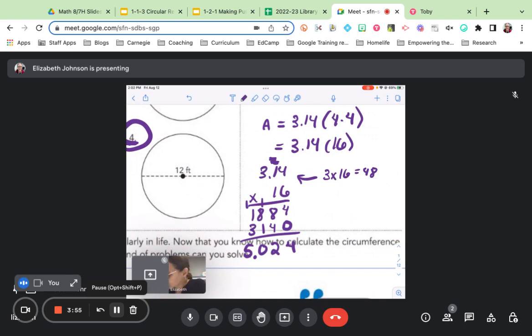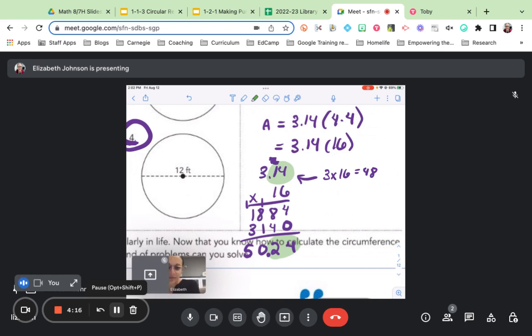Now, how do I really know for sure where my decimal goes? Common sense is telling me that it goes between the 0 and the 2, and the way that I know that that's correct mathematically is because there are 2 digits behind the decimal in my factor, and my factor's up above. So there should be 2 digits behind the decimal in my product as well. That's how I know that's where my decimal belongs.